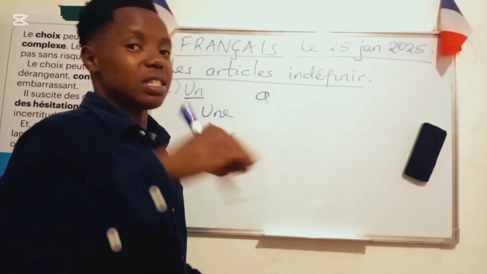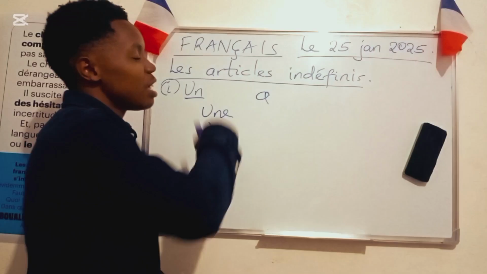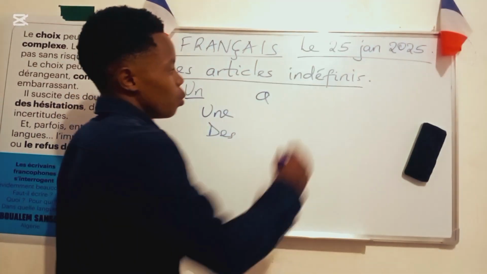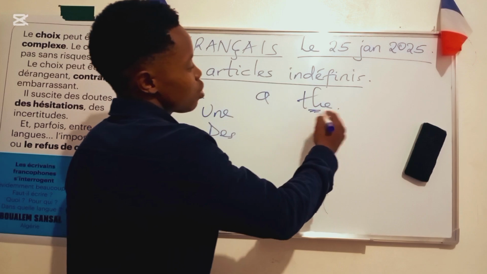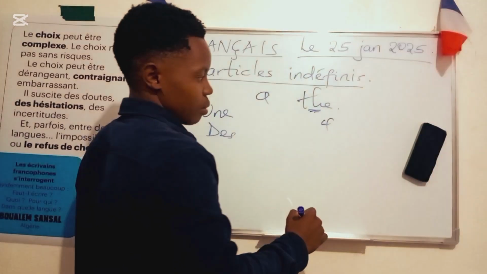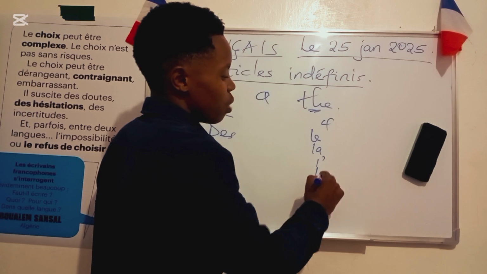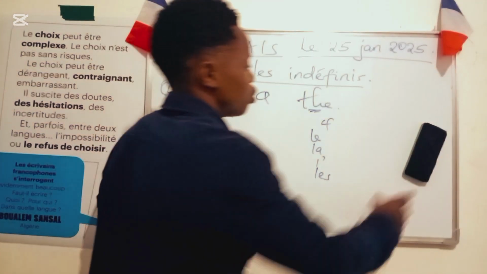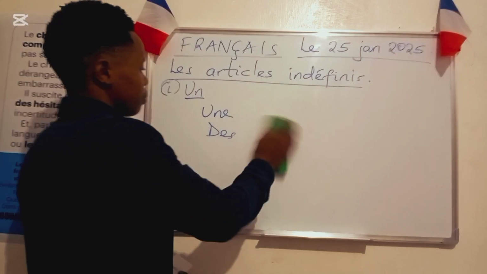But because French is very specific with the gender and number, that is why we have three of them. We also have another article which is the in English. In French, we have four of them. We have le, la, l apostrophe, and then les. You're going to learn how to use them in the next video.